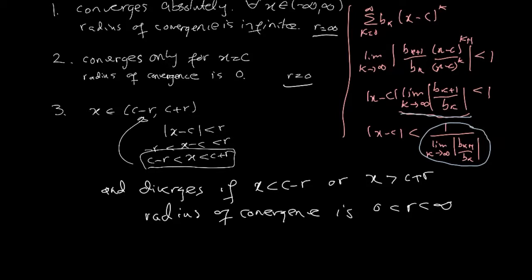So let this be equal to r. Then I end up with this situation. That's just to give you a guideline of how this usually happens. Once you calculate that limit, you have your r and you put that here, and therefore you get the range of values. And that's for finite radii of convergence.